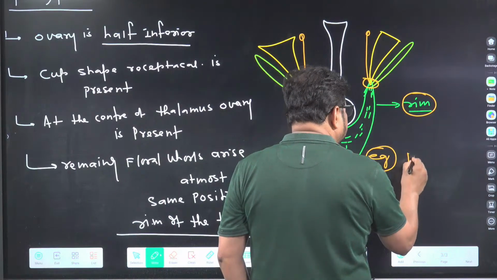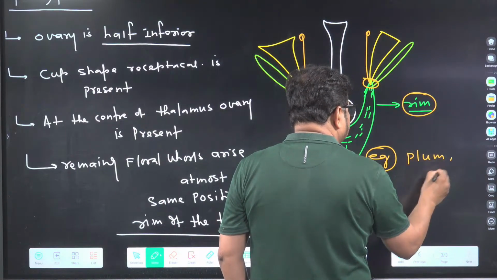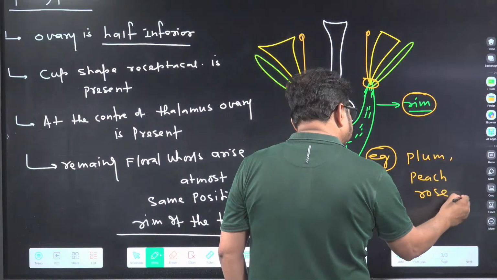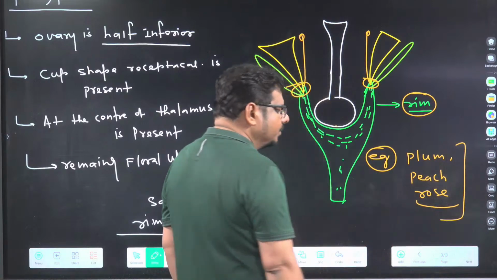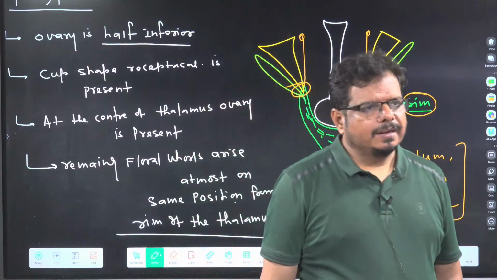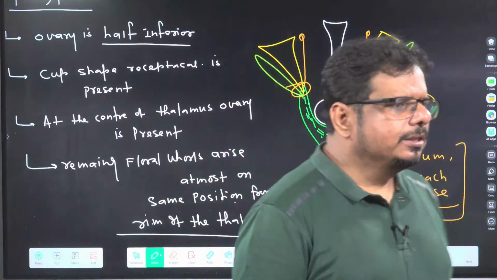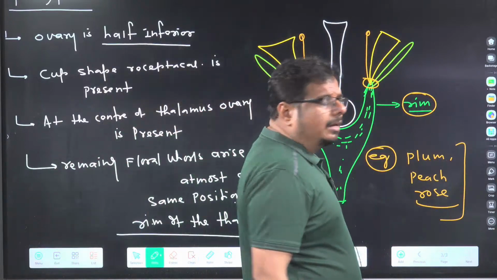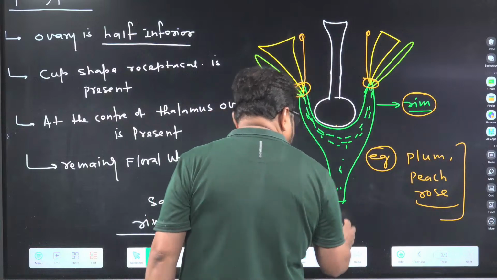Examples are plum, peach and rose. Understanding the idea? So this is about perigynous.